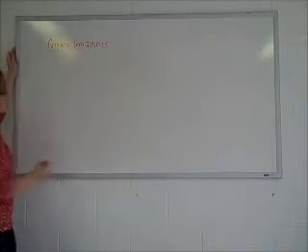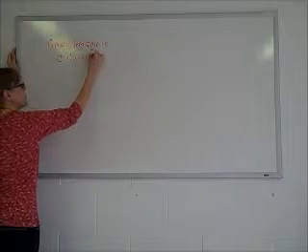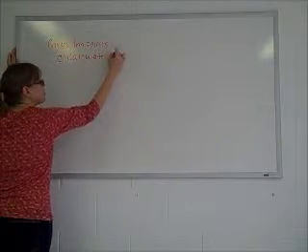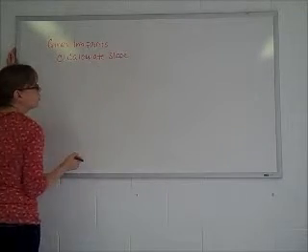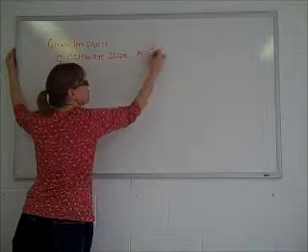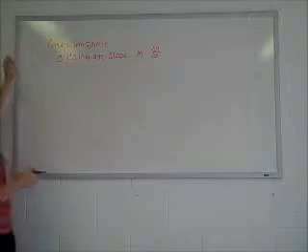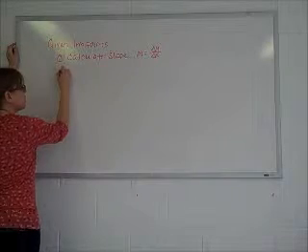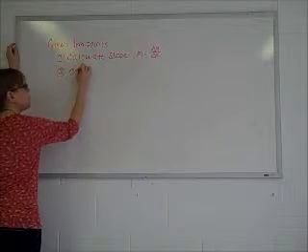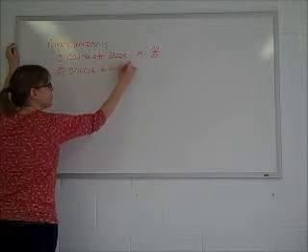So if we're given 2 points, step 1, calculate the slope. So remember the slope formula? Change in y over change in x is the slope formula. Once you have slope, choose one of the 2 points you're given. It doesn't matter which one.